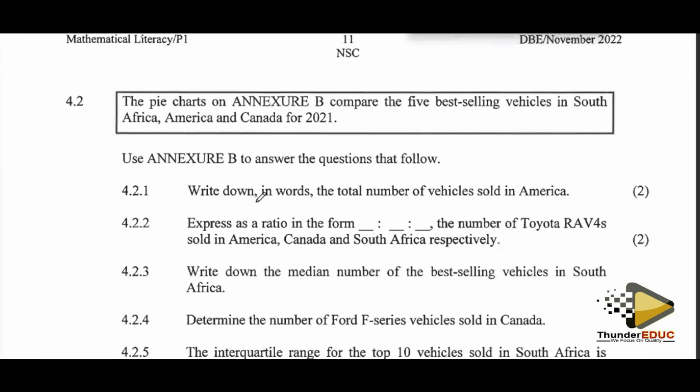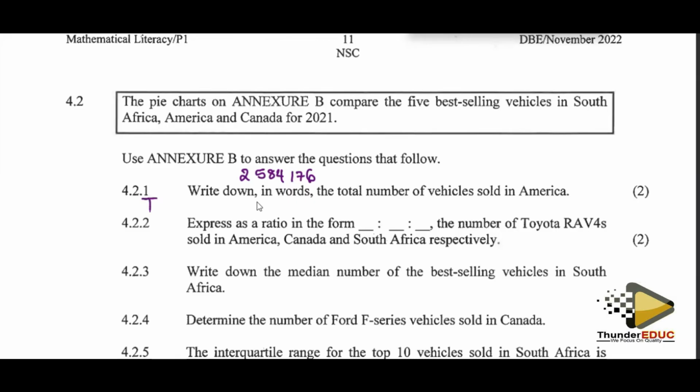They say, write down the total in America. So, as I said, the number is 258. So it's in threes.